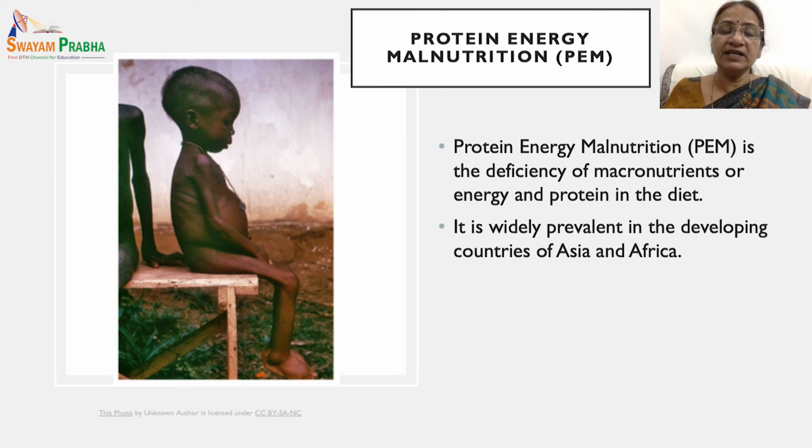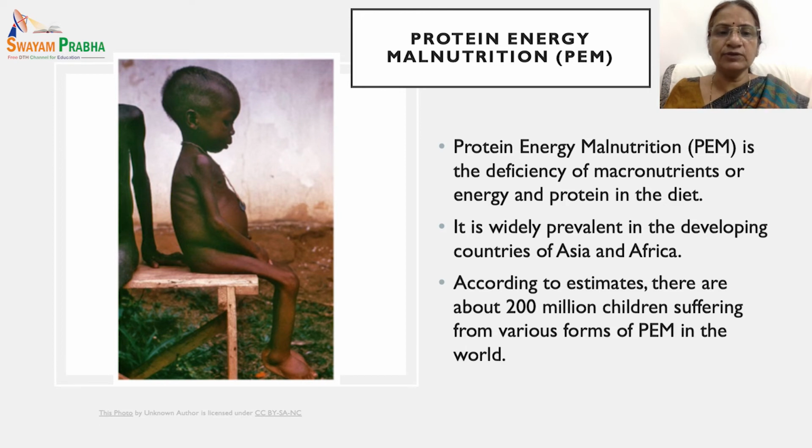It is widely prevalent in the developing countries of Asia and Africa. According to estimates, there are about 200 million children suffering from various forms of protein energy malnutrition in the world. India contributes almost 40% to the total malnourished population in the world.